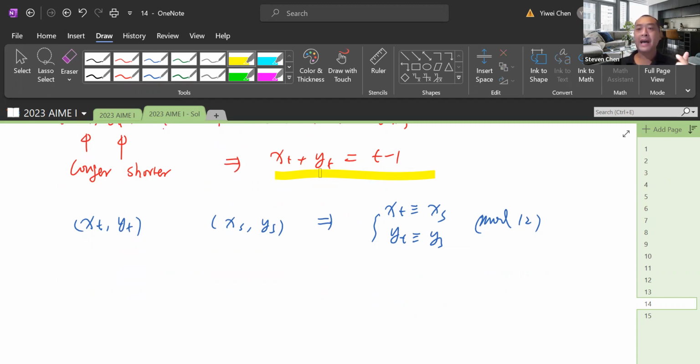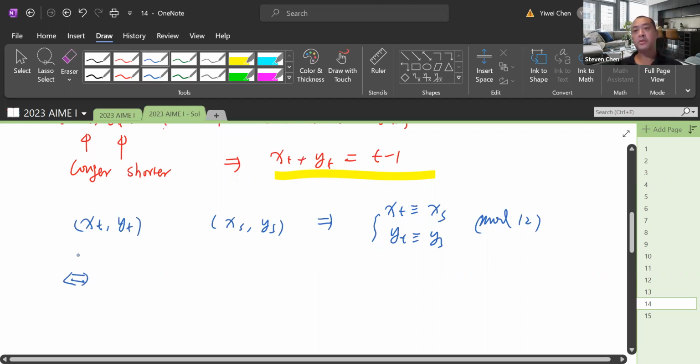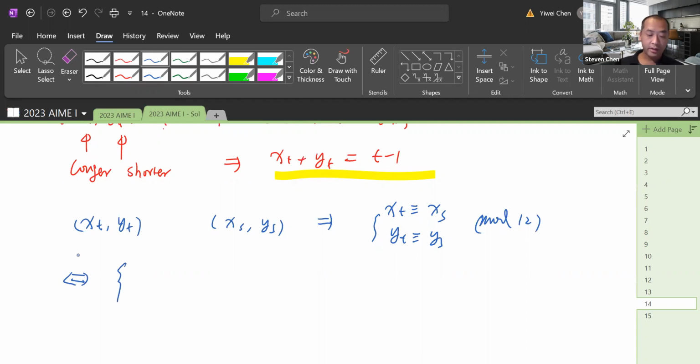That allows us to simplify the rest of the analysis. We no longer need two variables, x and y. It is sufficient for us to have a single variable, x. For these two congruence equations, I'm saying they are equivalent to the following two. The first one is not changed. For the second one, I can replace it with the sum of the first and the second one.